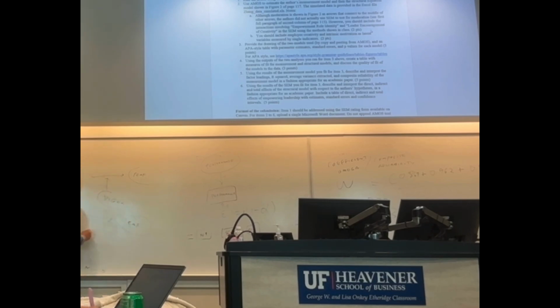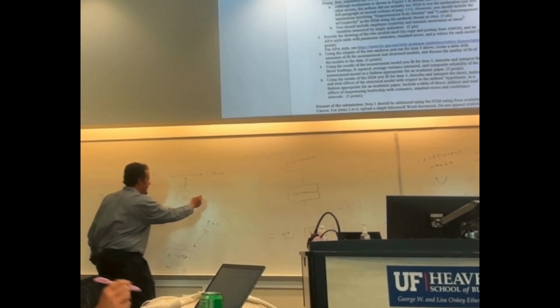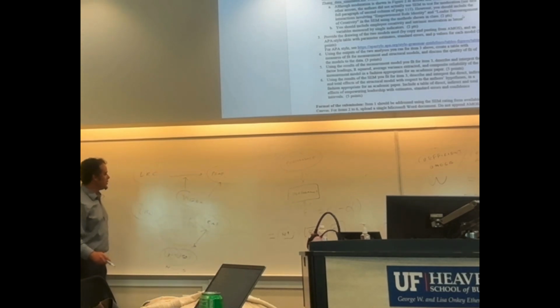And we need vigor, and then we need a product here, LRC times vigor. We know this because we talked about it. A mistake I see is that people put the interaction but don't put this, an interaction without actually having the main effect here. And you should never do that.